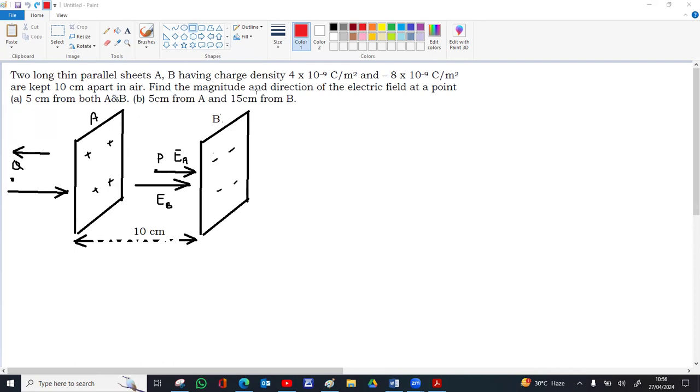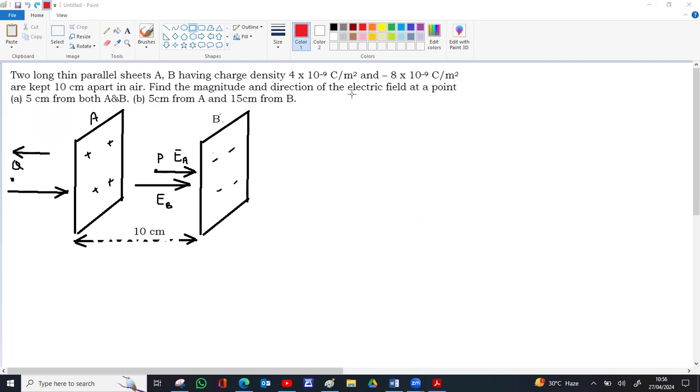We are supposed to find the magnitude and direction of the electric field at a point 5 cm from both A and B. So total 10 cm, 5 cm from A and B means the midpoint. Then 5 cm from A and 15 cm from B, so far away from B but close to A.